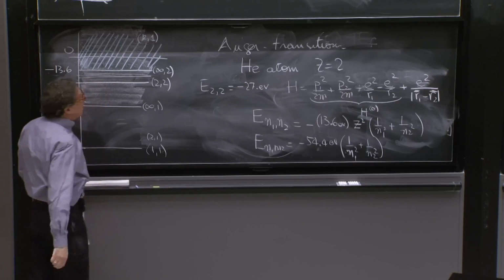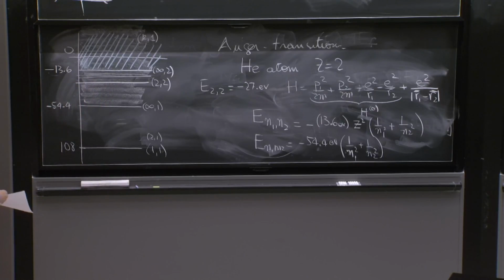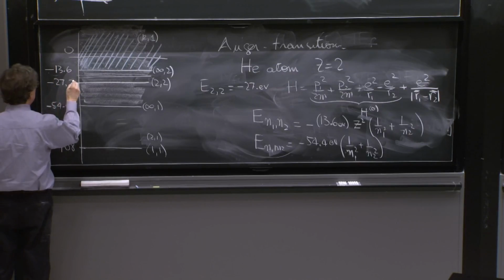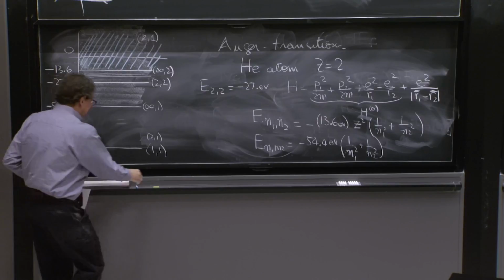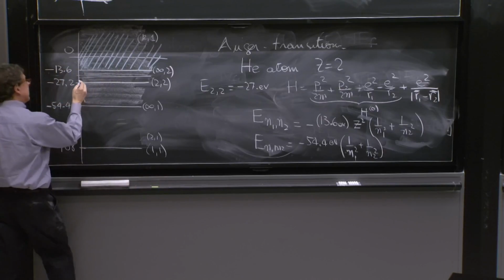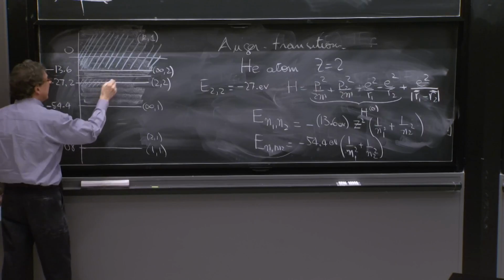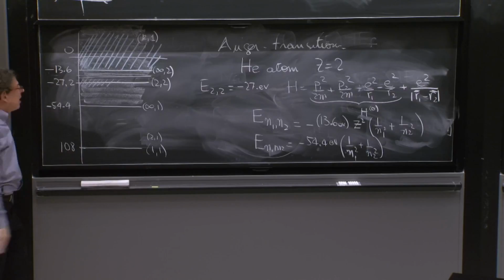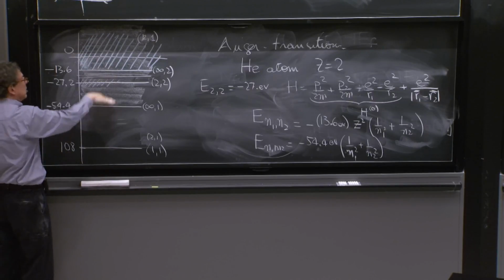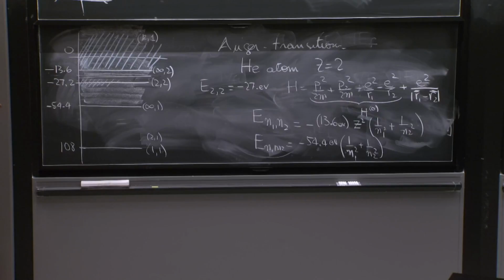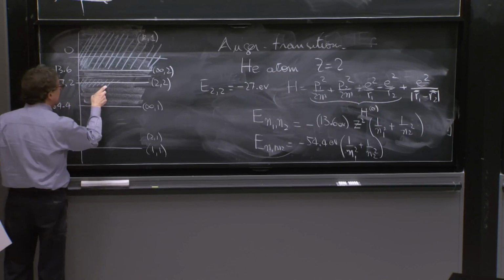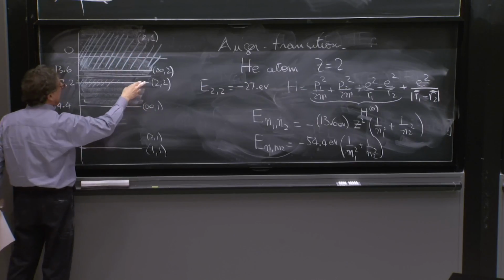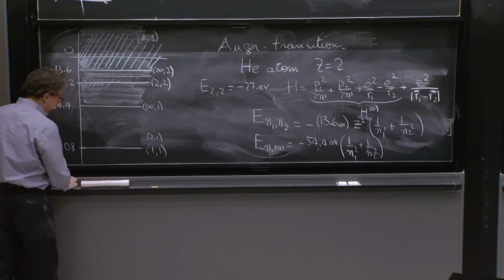And there's going to be an infinite number of continuums arising here when you consider one electron and the other one. So what is our Auger transition? This was at minus 27.2. The Auger transition we're typically interested in is this one, in which you have this discrete state overlapped by the continuum of states in which one electron is gone out and one electron has remained in the 1s.